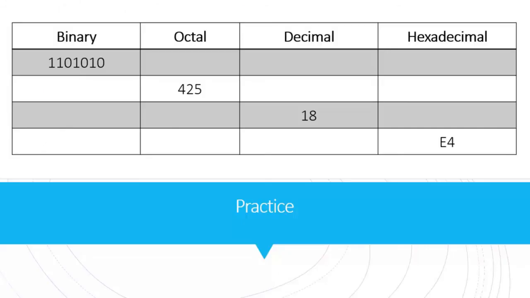I'm going to leave this as practice for you, but let's talk about strategy. Here we're being given a binary number and asked to convert it to octal, decimal, and hexadecimal. Which ones are easiest? Well, if I start with a binary number, I can group my digits by 3 and easily convert that number to octal.